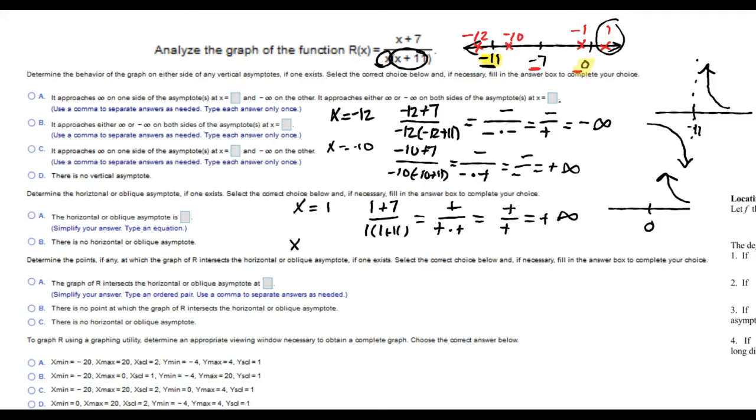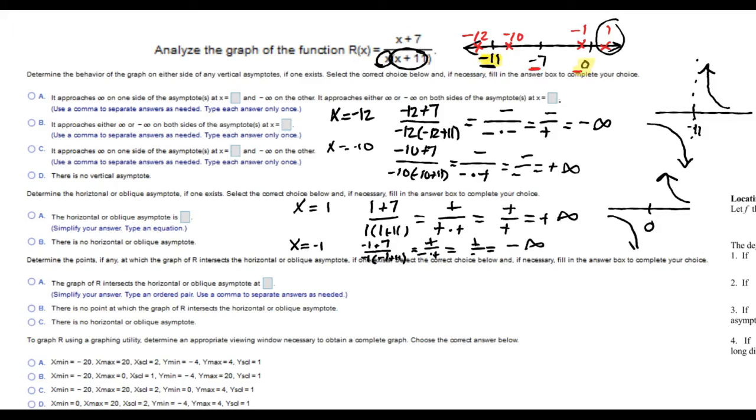And then on the left-hand side, for x equals -1, we get -1 plus 7 over -1 times -1 plus 11. That is a positive over a negative times a positive. It's a positive over a negative, which is a negative infinity.